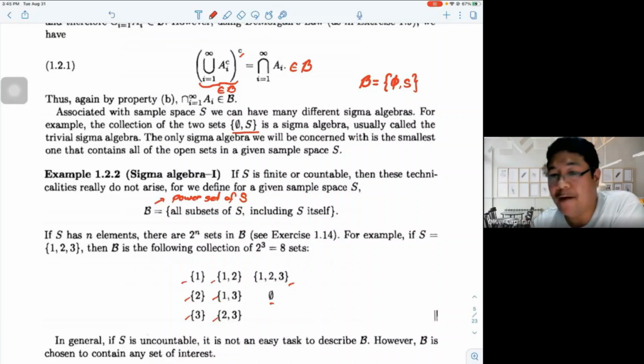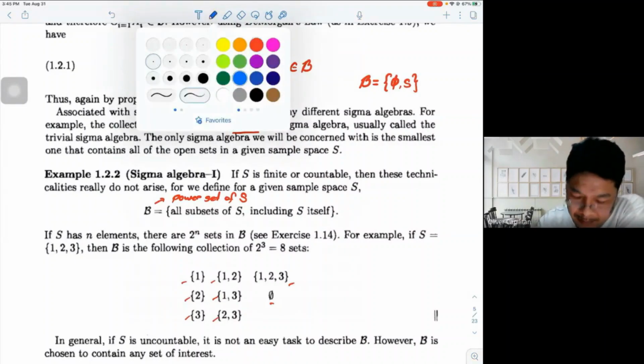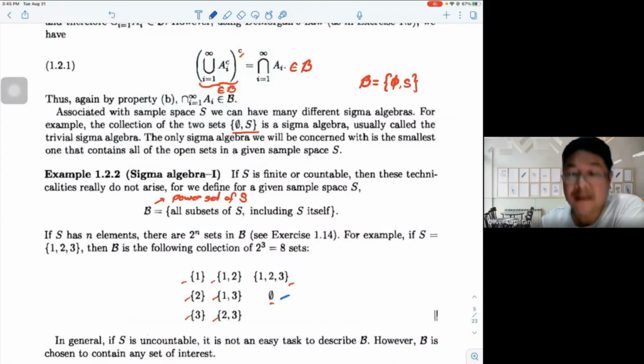So we can verify that this script B is a sigma algebra. First, the empty set is an element of script B. Okay, totoo yan. Makita naman natin dito.